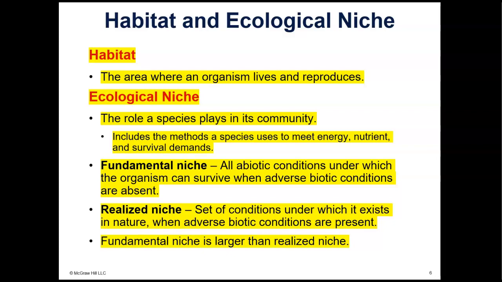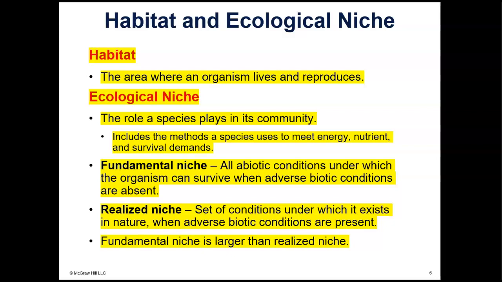The habitat is just the area, the location where an organism lives and reproduces. When we use the word niche, the niche is the role that the organism plays in its community. So that's going to include the methods that it uses to meet its energy needs, its nutrient needs, and its survival demands.